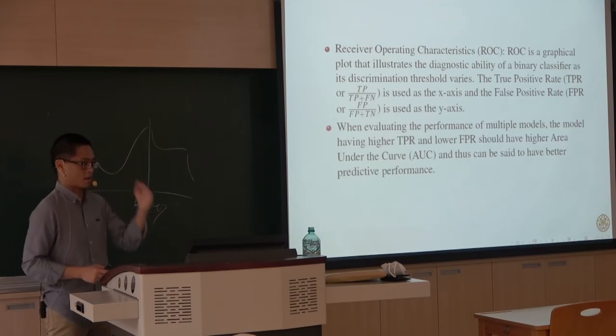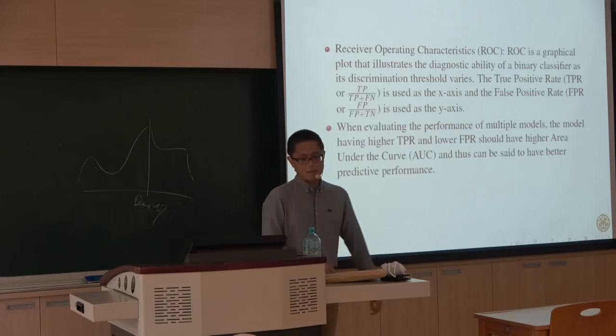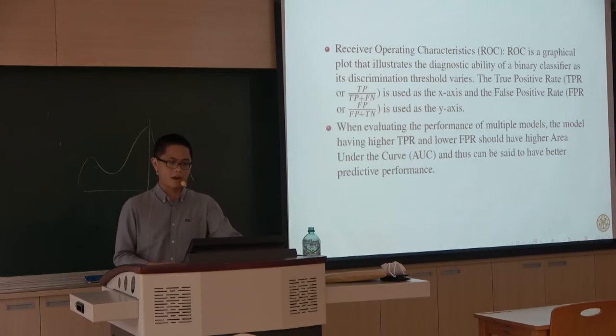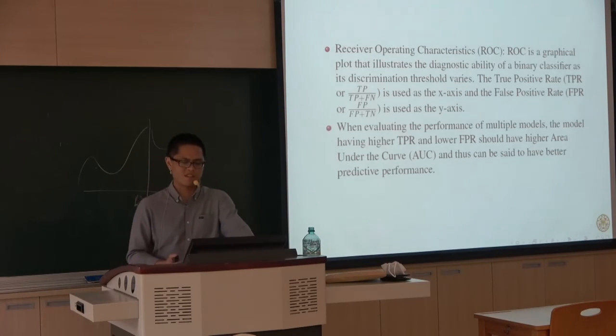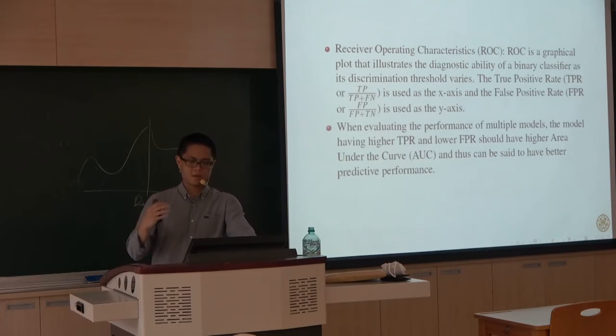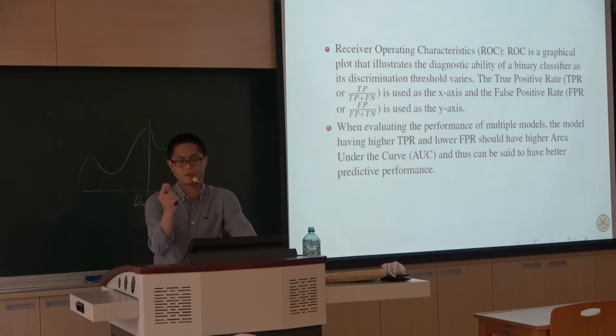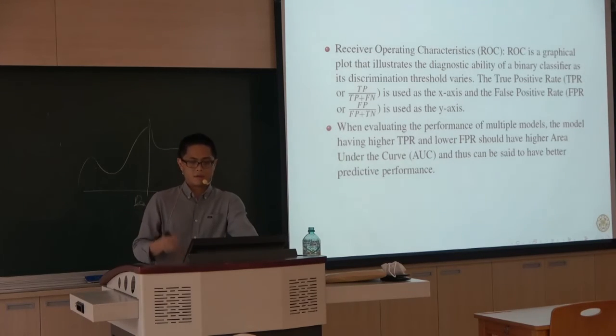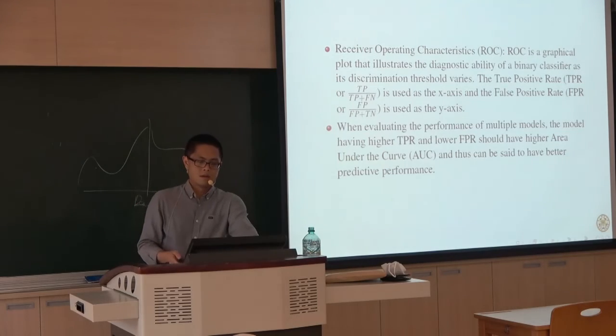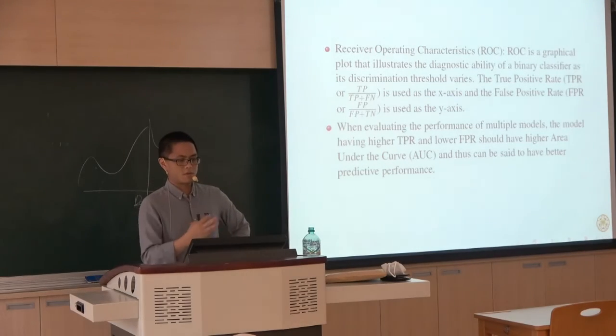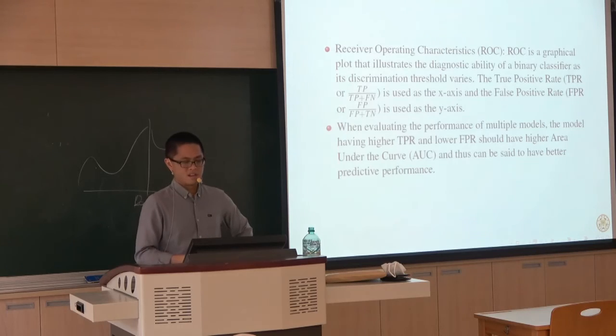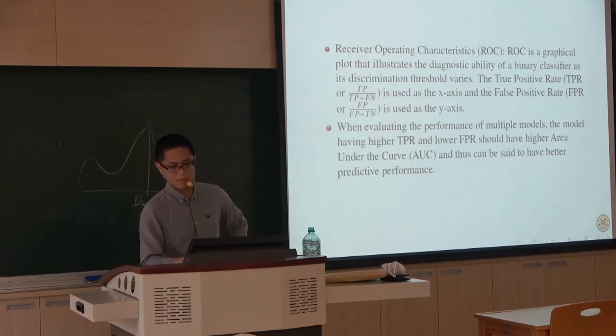There are a couple of ways to measure that. For example, the receiver operating characteristic, ROC, is a graphical plot that illustrates the diagnostic ability of a binary classifier, which is your binary outcome model, with a discrimination threshold value. The first measure is the true positive rate, measured as true positive over true positive plus false negative, which should be the y-axis.